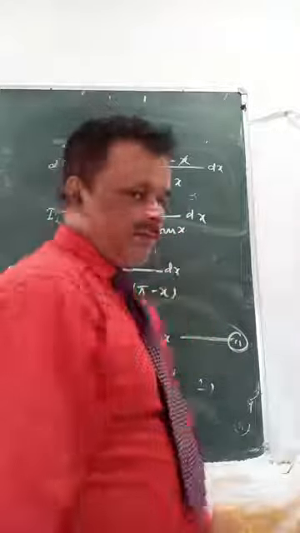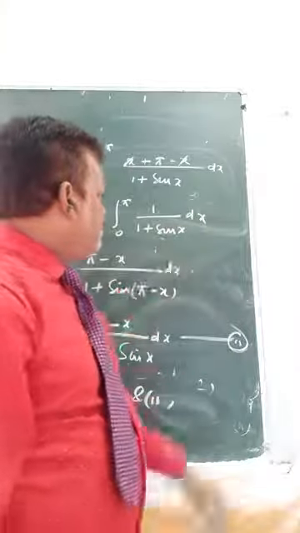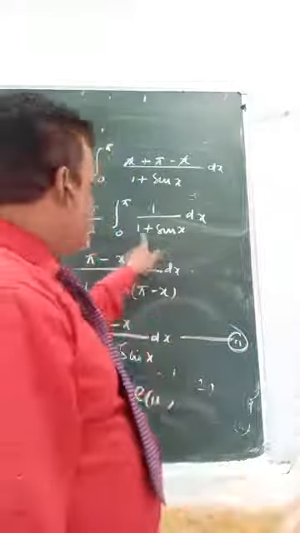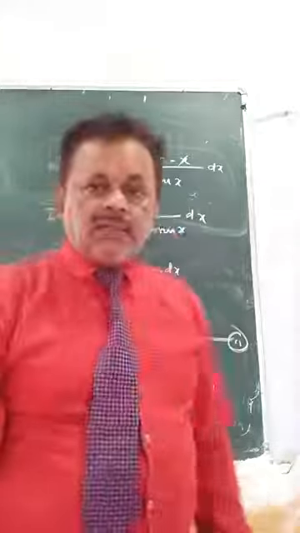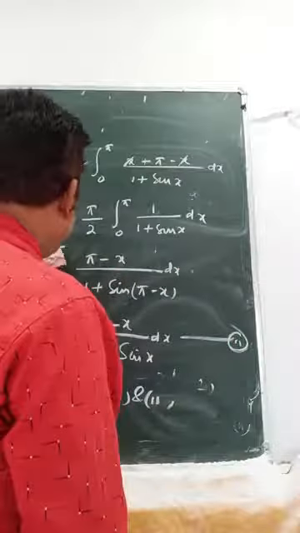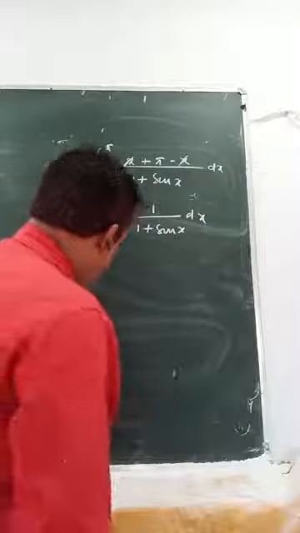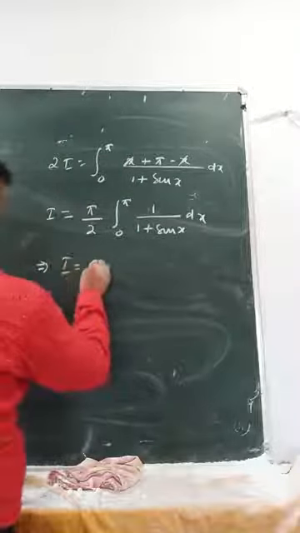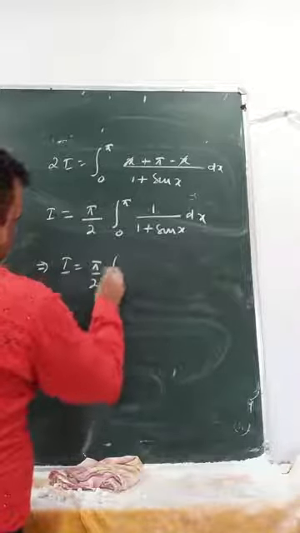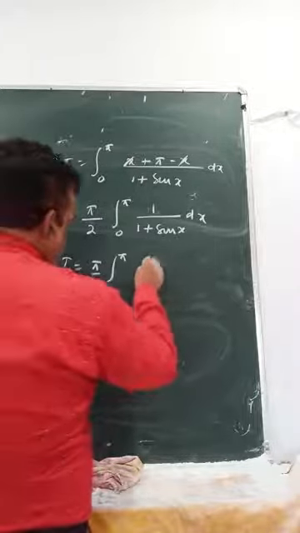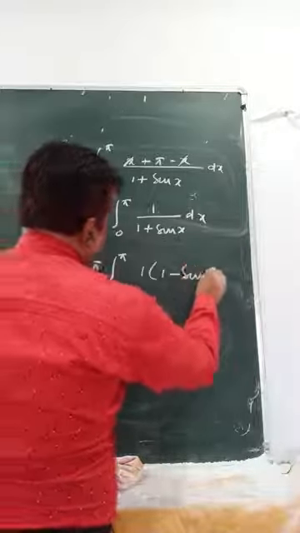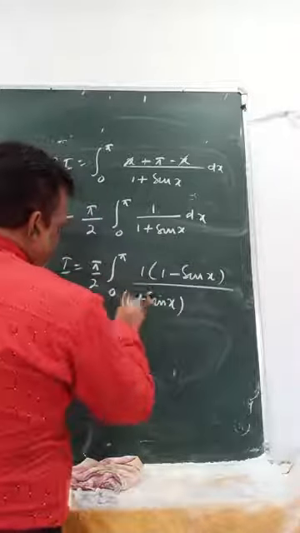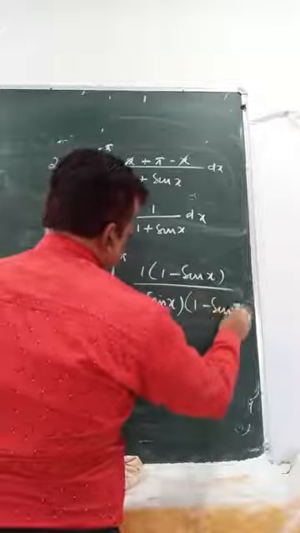How to integrate now? I think I had told you in the indefinite integral exercise 7.2 that you could multiply by the conjugate to simplify this kind of question. So pi by 2, integral 0 to pi of 1 into (1 minus sin x) by (1 plus sin x), conjugate means 1 minus sin x.